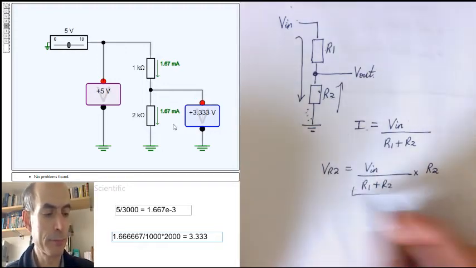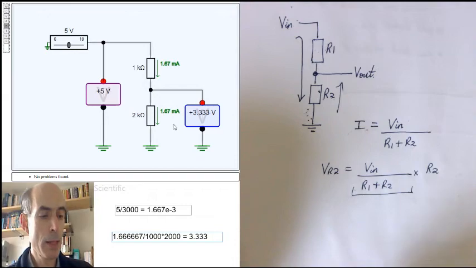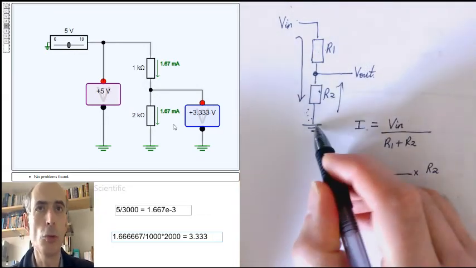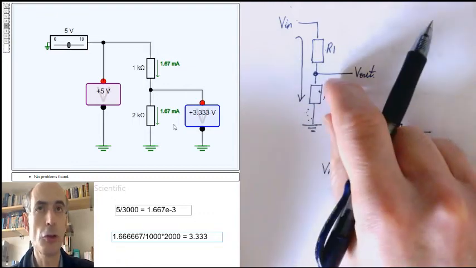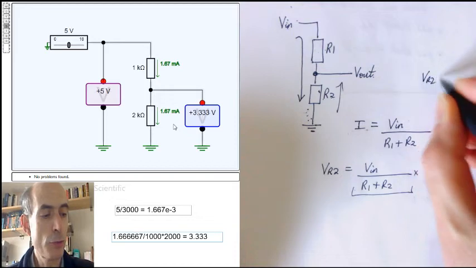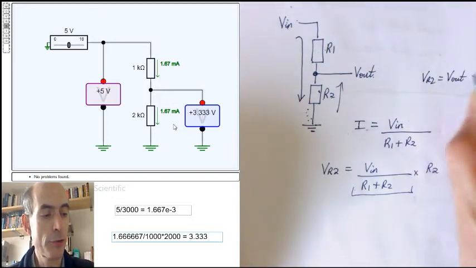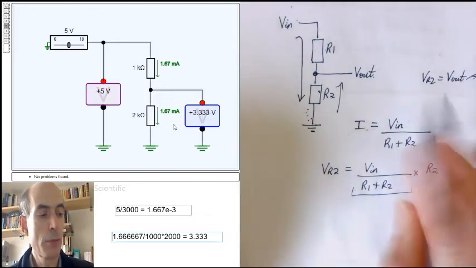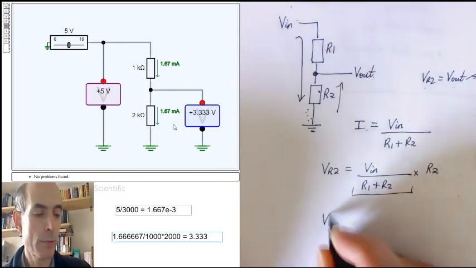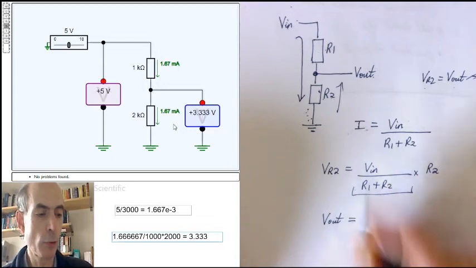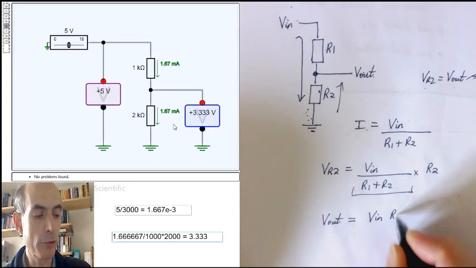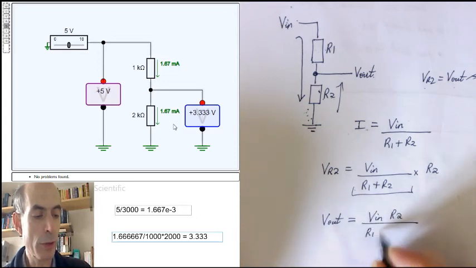That's my current. But VR2 is Vout minus 0, the voltage across this resistor R2. So if VR2 is Vout minus 0, then VR2 must be equal to Vout. So I can just write that Vout, the output voltage of my potential divider here, is Vin times R2 over R1 plus R2.